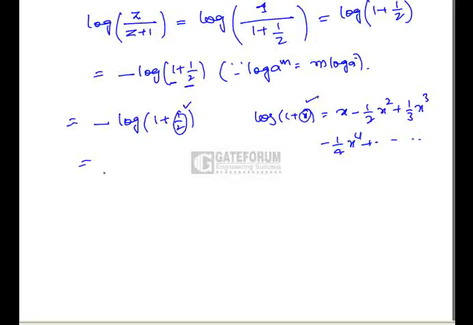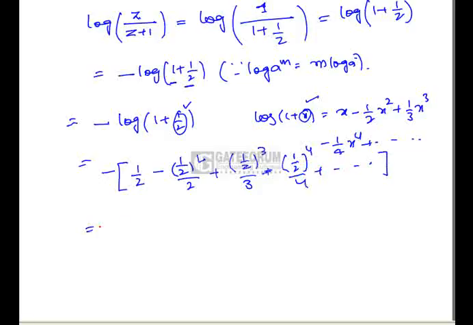So the value will be minus of 1 by z minus (1 by z) whole square by 2 plus (1 by z) whole cube by 3 minus (1 by z) whole power 4 by 4 and so on. This can be written as minus 1 by z plus (1 by z) whole square by 2 minus (1 by z) whole cube by 3 and so on.